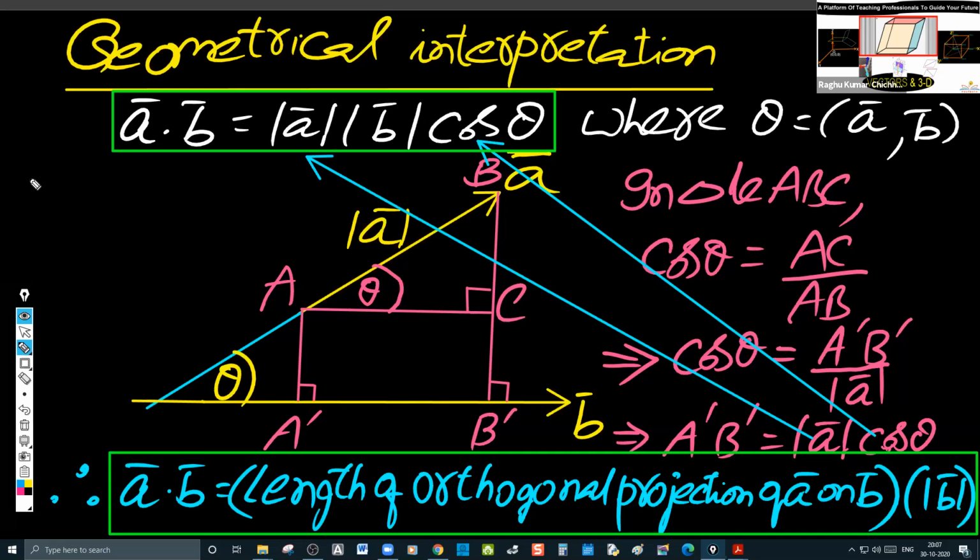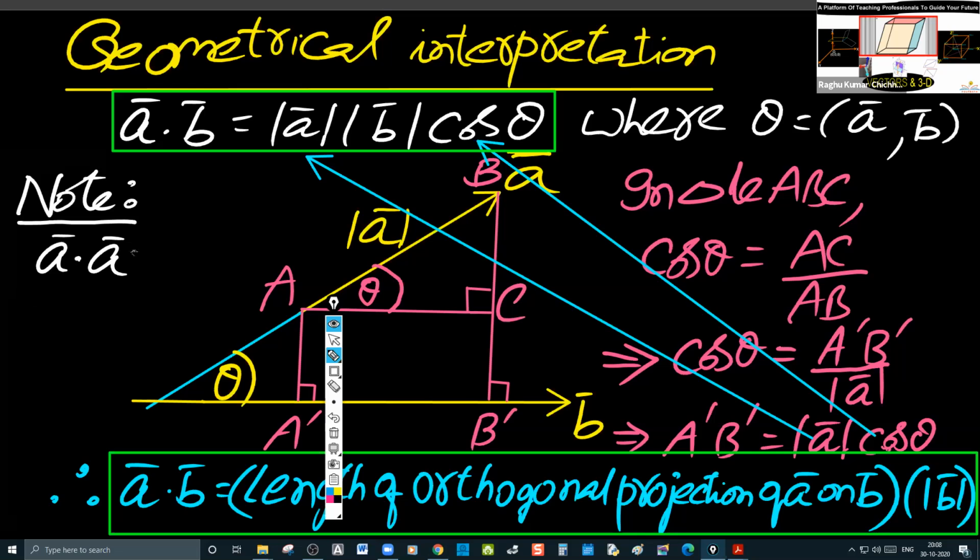So here, one more very important and simple point with which I will be closing the session is that whenever you have A bar square or A bar dot A bar, apply the formula mod A bar into mod A bar into cos theta.